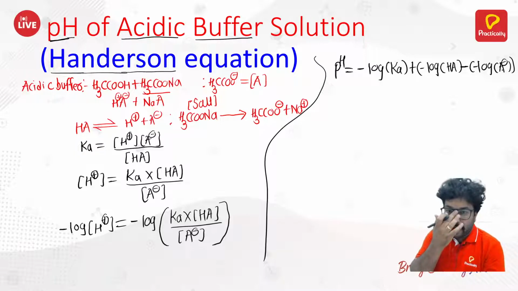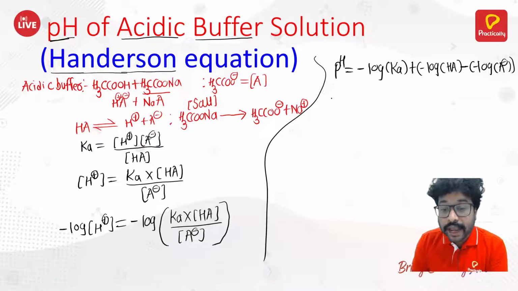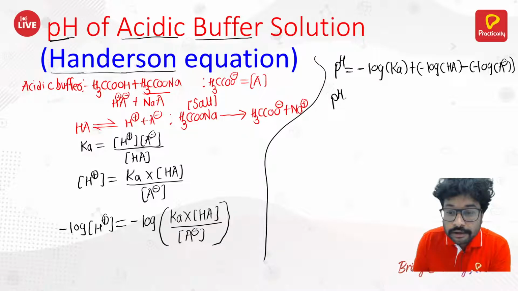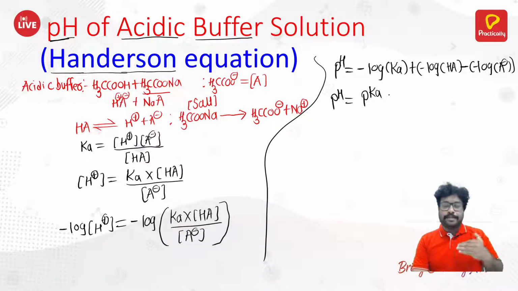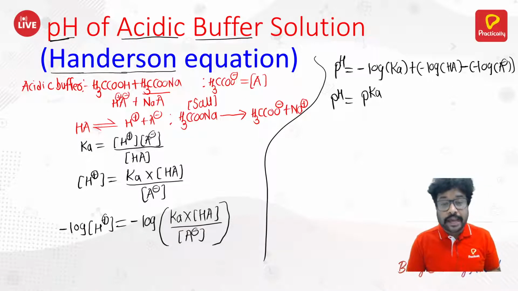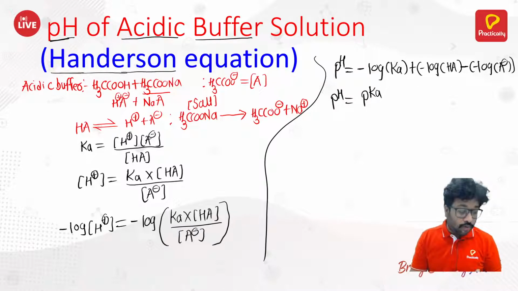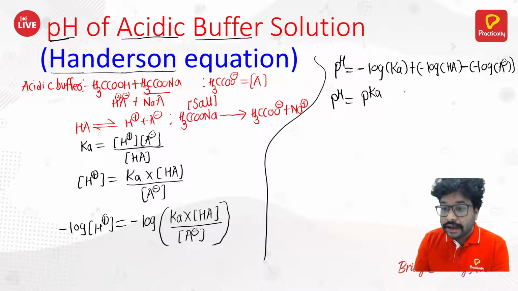That is how you maintain it. Now minus log of Ka is what? Minus log of Ka is equal to pKa, isn't it? Minus log of Ka is pKa, minus log of Kb is pKb. We had seen it so many times, right?